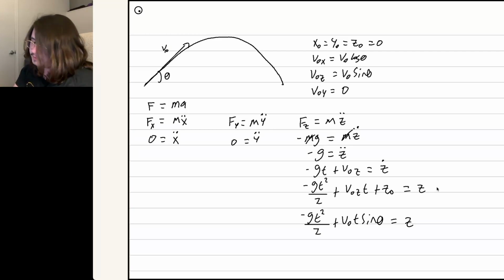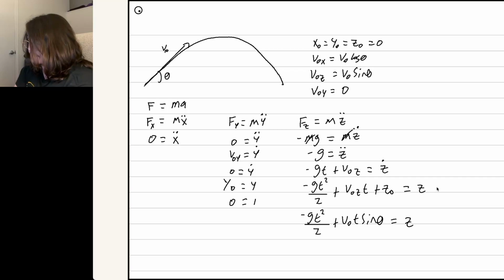For y, if you do a time derivative on this, you'll get v naught y is equal to y dot, which is also 0. Then if you do another time derivative on it, you'll get y naught is equal to y, which we also set equal to 0 arbitrarily. So all zeros for y.